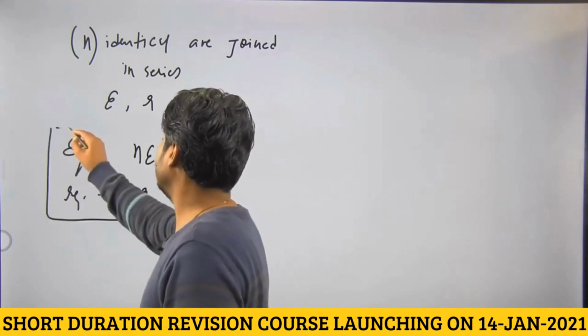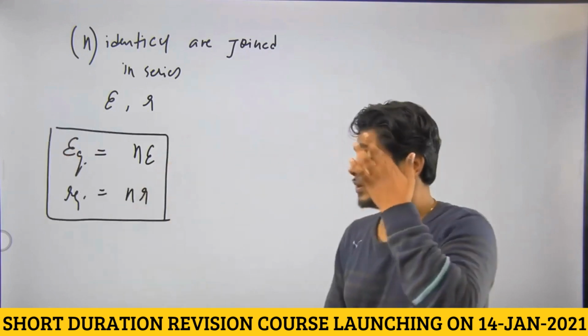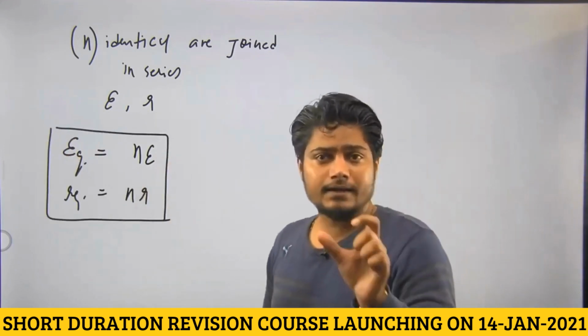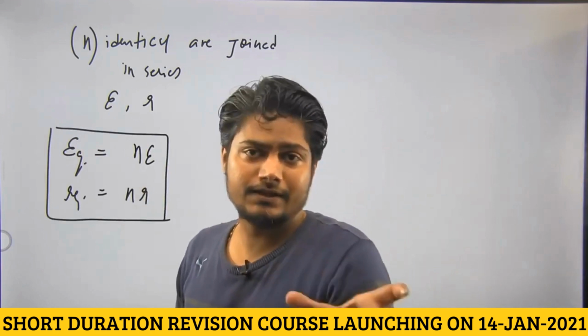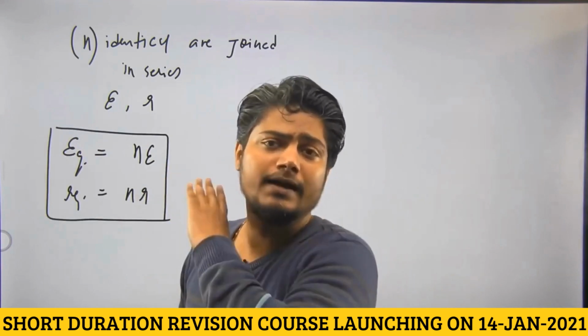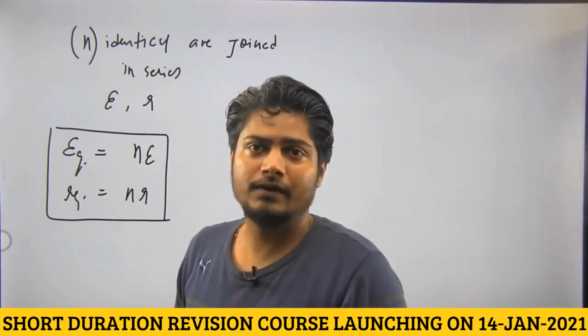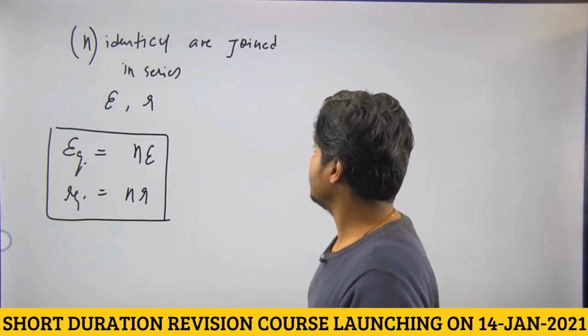You can also take it as an important result. So when you combine n identical batteries in series with the same polarity, then of course nE will be the effective EMF and nR will be the effective resistance.